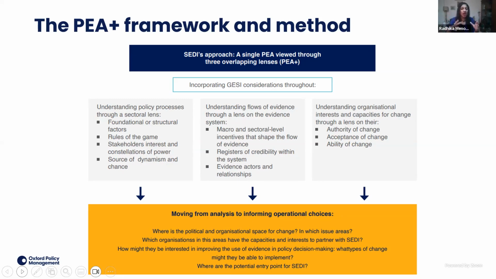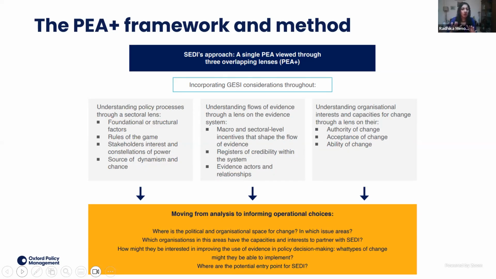But then also adding an evidence lens, because we're looking at evidence use in this case. So evidence in this case was defined as qualitative, quantitative research, monitoring data, statistics, evaluation, citizen data. What is the ecosystem of players? What are the dynamics in evidence generation? What kind of evidence is considered credible?